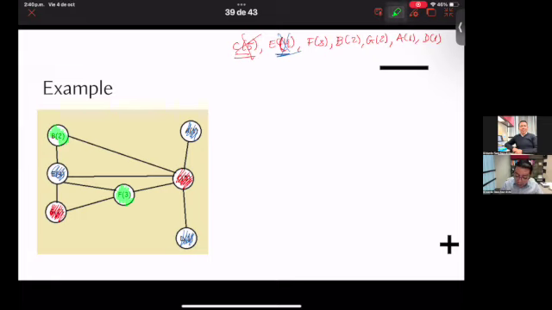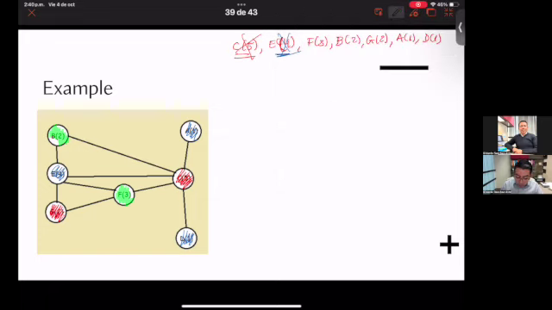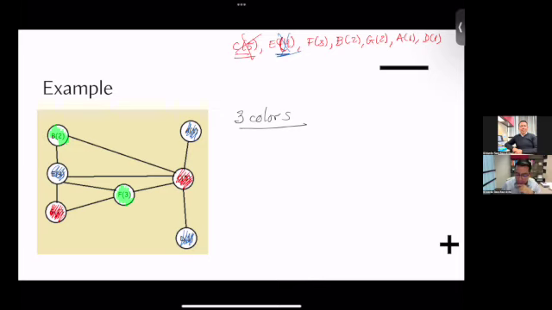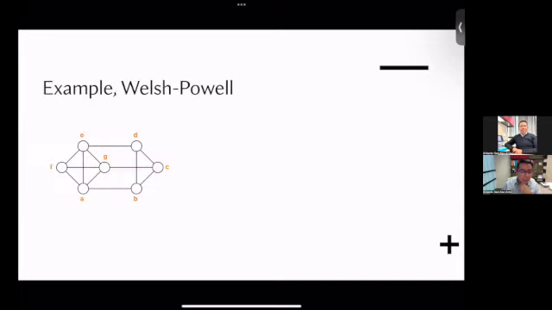So at the end, what we are saying is that we will use 1, 2, 3 colors. And this is the illustration of how Welsh Powell works. Let's see. This is the solution. And we can apply it in another example like this one.